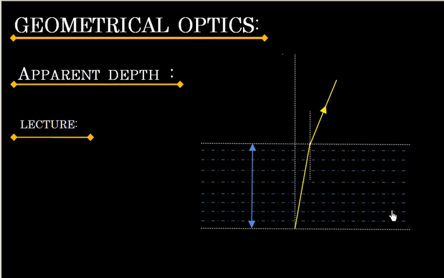In this lecture, we will discuss apparent depth. Let us say we have two media. This is medium 1 and this is medium 2. Medium 1 has a refractive index mu1 and medium 2 has a refractive index mu2. Here we have an object.